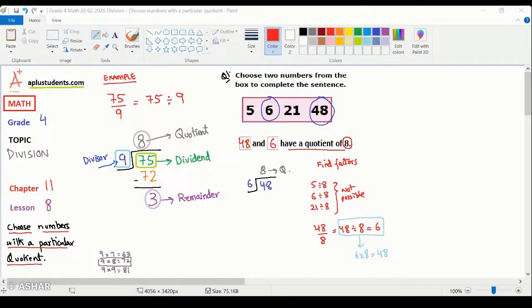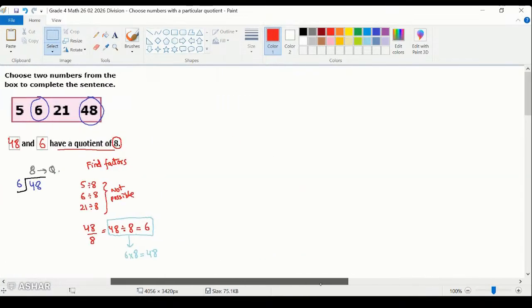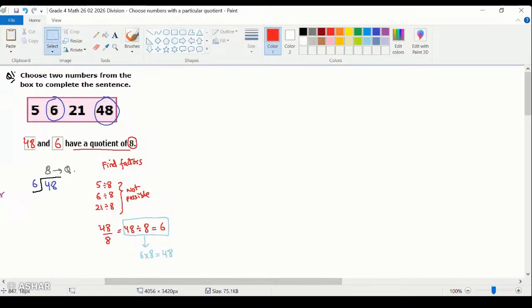Let's have a look at the next question. Question number 2 says, choose the two numbers from the box to complete the sentence.